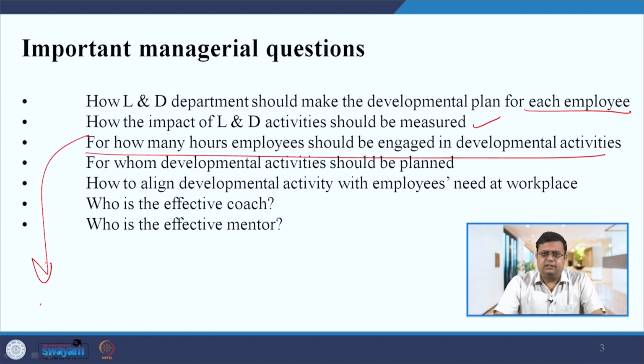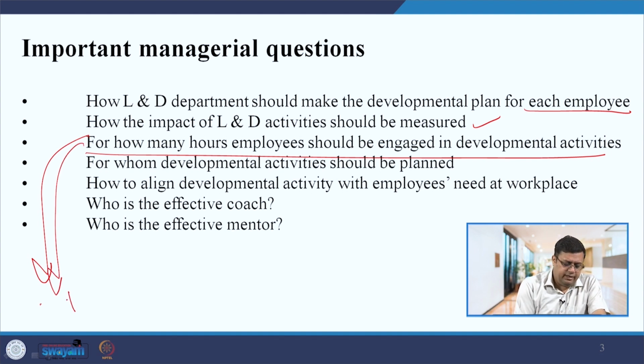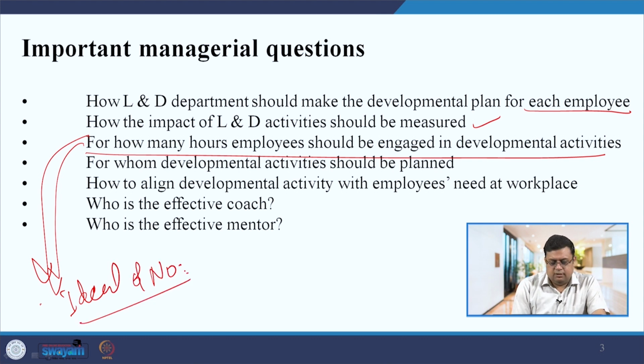The reason could be they are not getting enough time to do the job for which they have been hired and for which their performance is being measured. So, for how many hours? Here you have to identify the ideal number of hours for which an employee has to be developed in various organizations. You can think about various aspects here, and that is what we will discuss in detail.